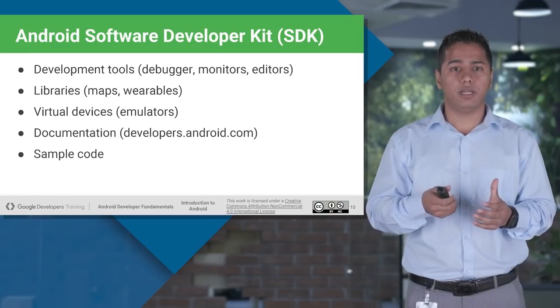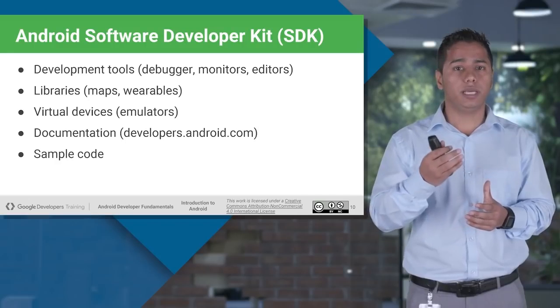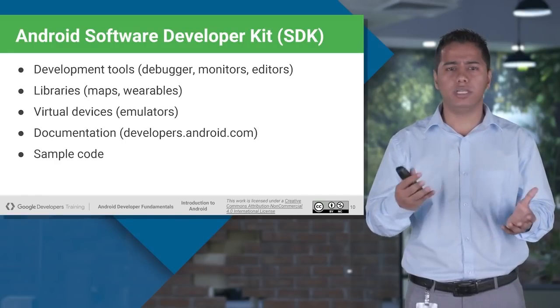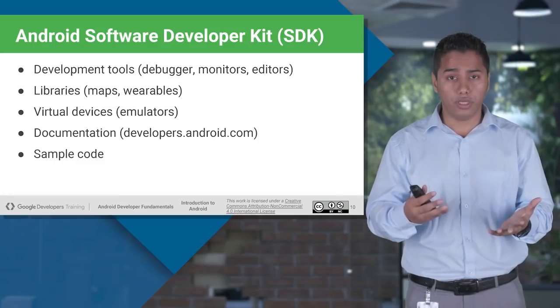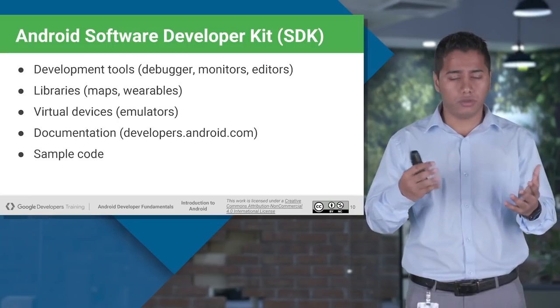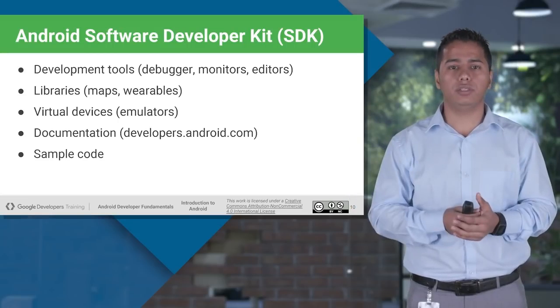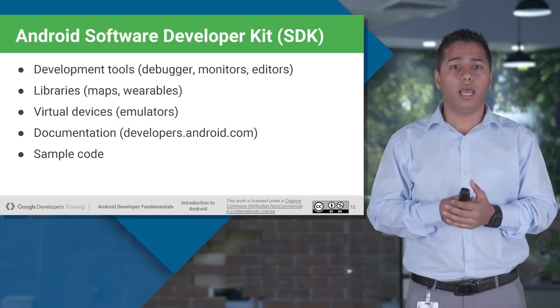But as of right now, let me tell you about the different tools you will be getting here. You will get development tools like debuggers, monitors, editors. There will be libraries, for example for maps, and there will be documentation. If you need any help, everything is charted down at developers.android.com, and there will be sample codes also.